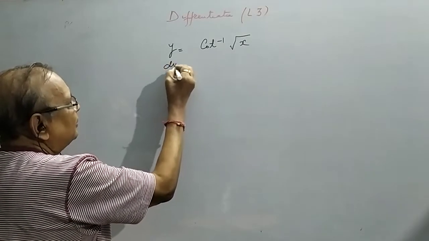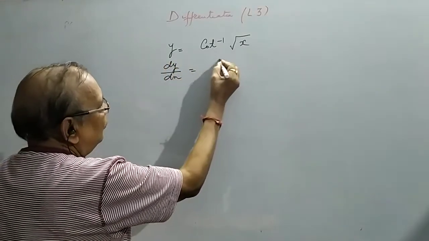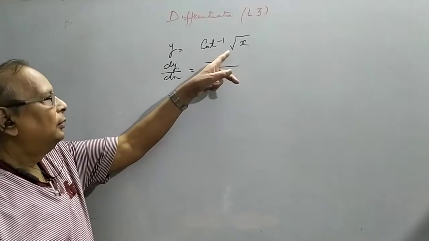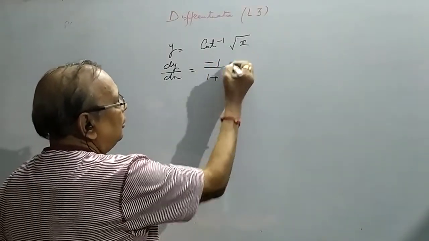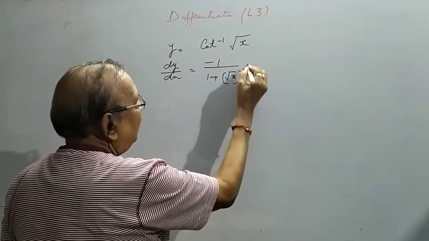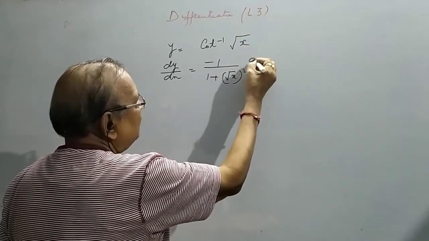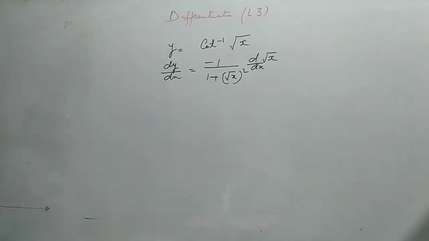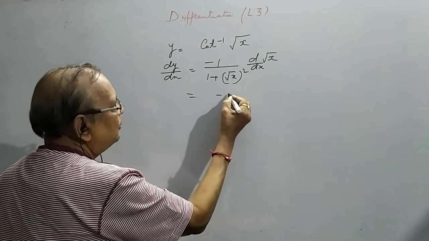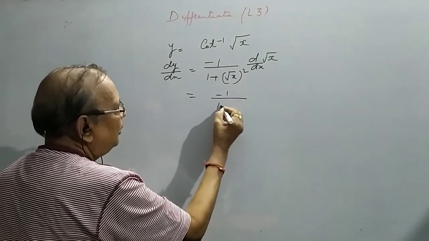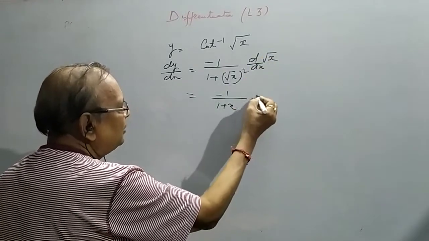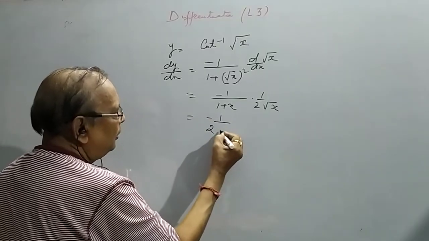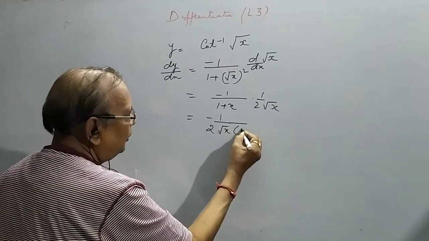That is dy by dx will be minus 1 upon 1 plus root x whole square, and instead of x there is root x, so d by dx of root x, that is minus 1 upon 1 plus x, d by dx of root x means 1 upon 2 root x, that is minus 1 upon 2 root x, 1 plus x.